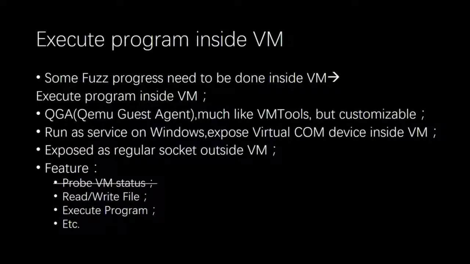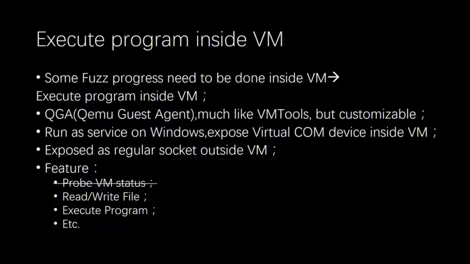And so to do some fuzzing, we cannot just fuzz this progress outside the virtual machine. We have to fuzz the VM, fuzz the progress. Sometimes we have to run some program inside the VM.